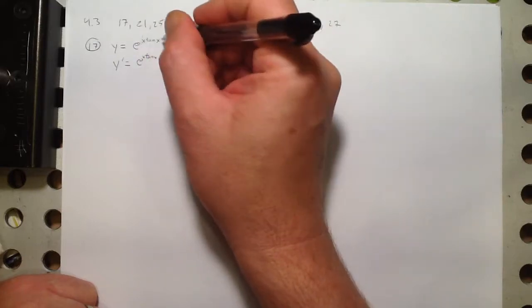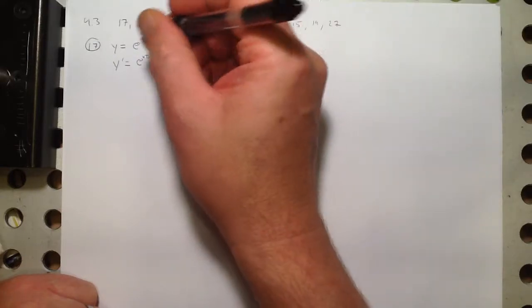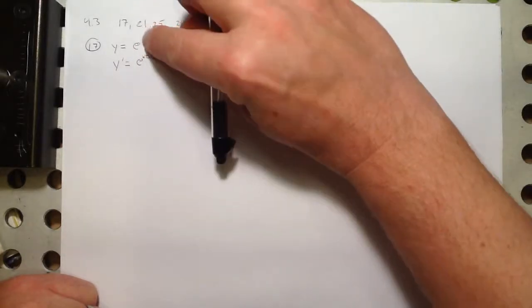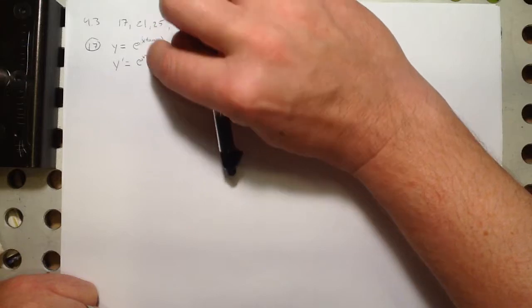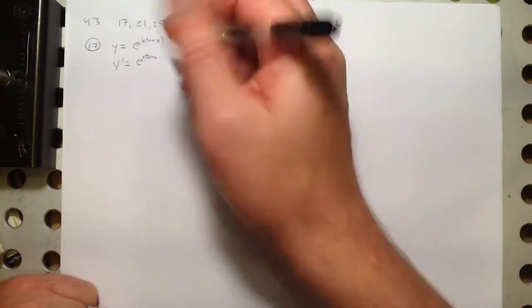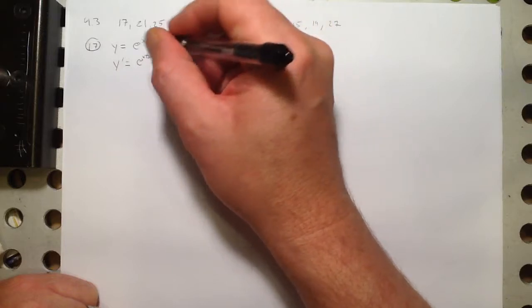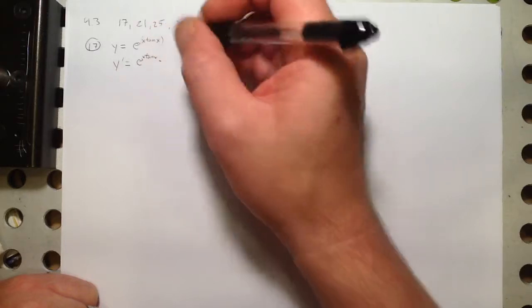But the way the chain rule works in this kind of problem, the whatever here wasn't an x, so I need to multiply by the derivative of what's inside, and the what's inside here is the what's up there.